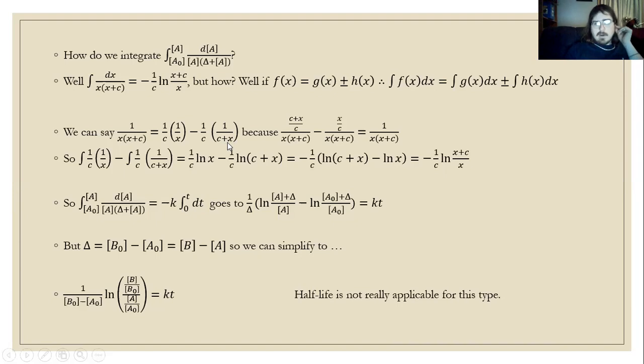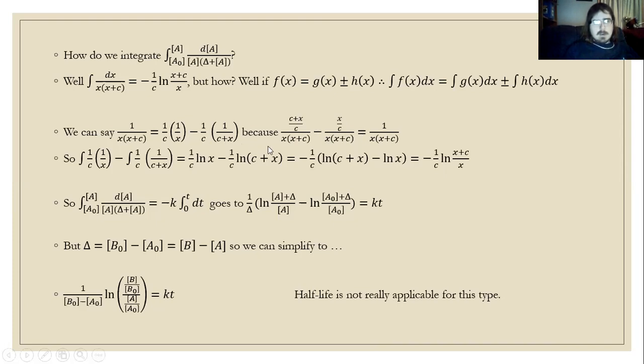Let's make sense of this. Oh, I see. Wait, because if I say (c plus x) over c, minus x over c, that is going to be c over c, which is 1.